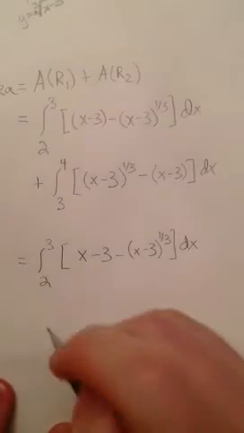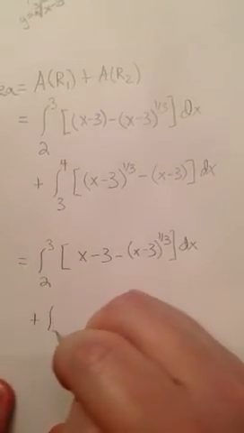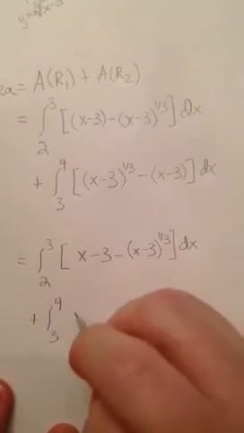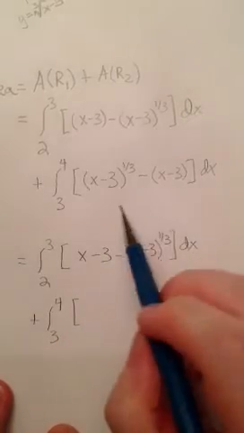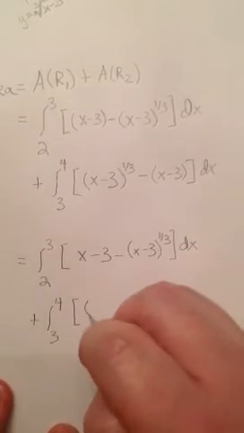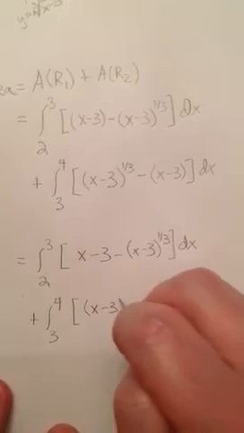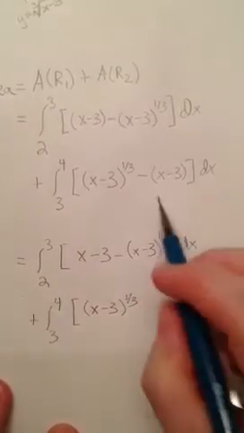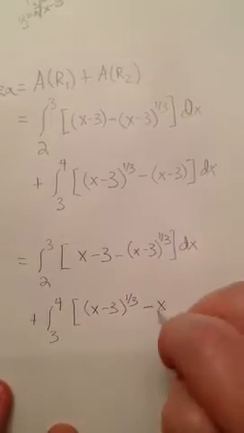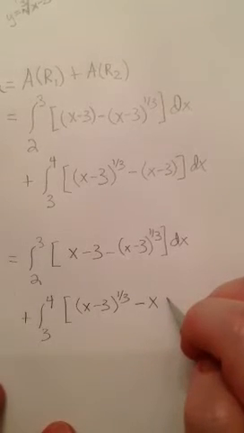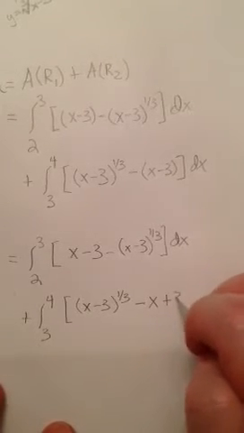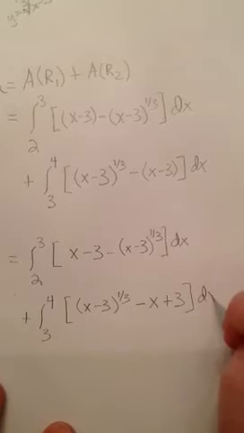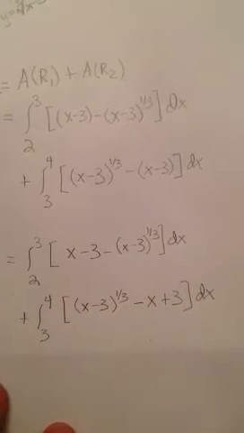Okay, so I'm going from x equals 3 to x equals 4. We have x minus 3 to the 1/3 distribution over the binomial. From the linear function, we will have a minus x plus 3 dx.